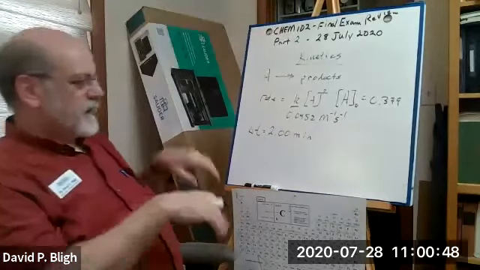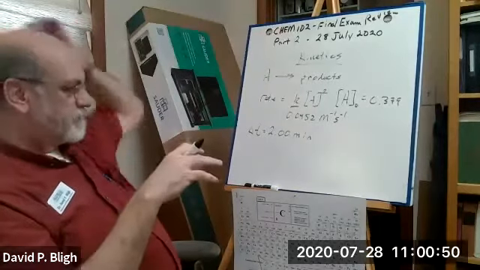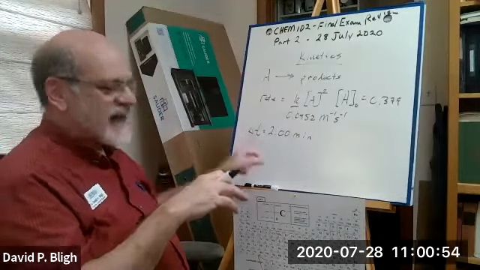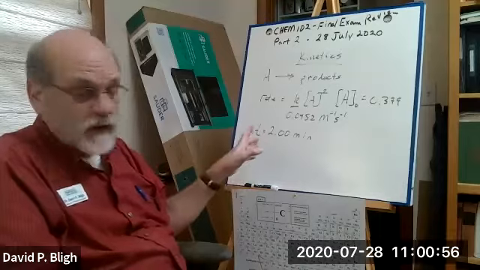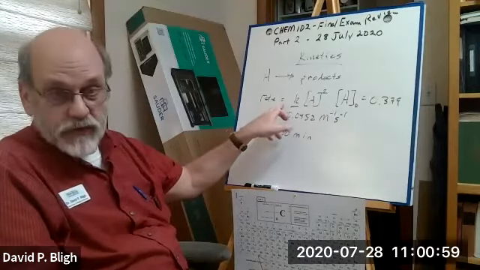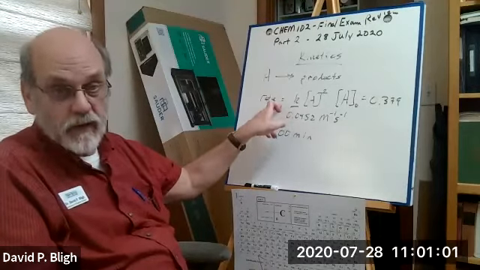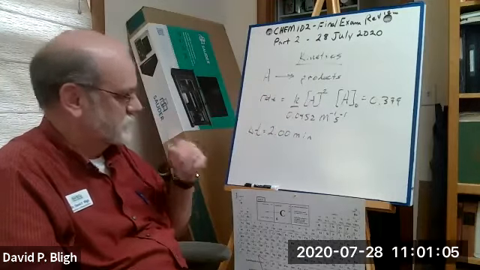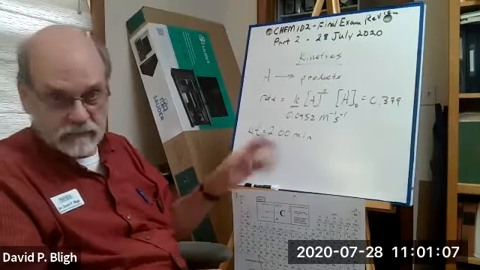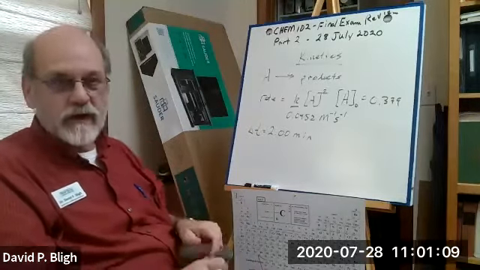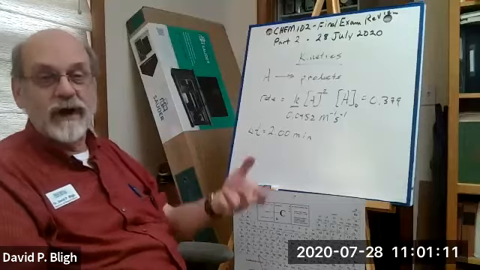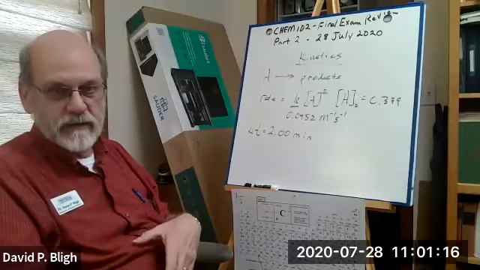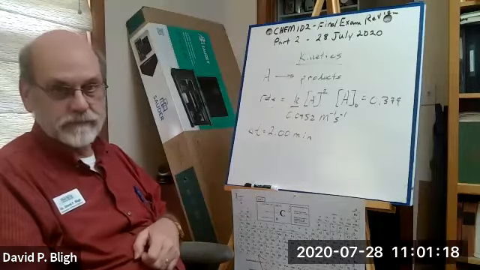Okay, let's step back and look at the information. Second order, if we got time that's being determined, we can't use the differential rate equation. We need the integrated rate equation. So the integrated rate equation for second order compares what? It compares time to the inverse of the concentration.